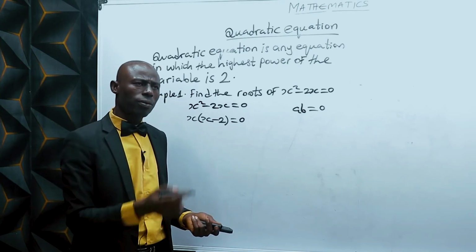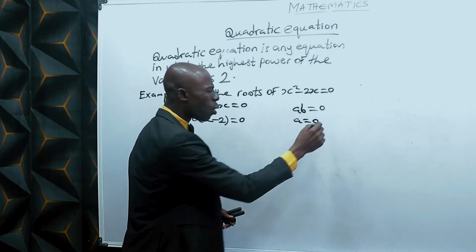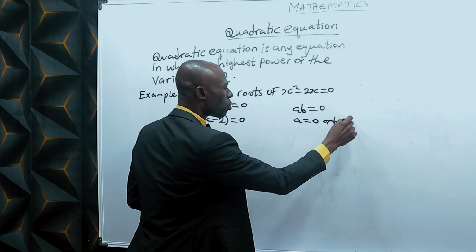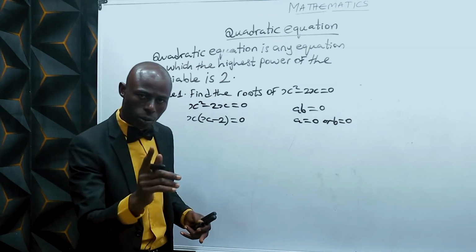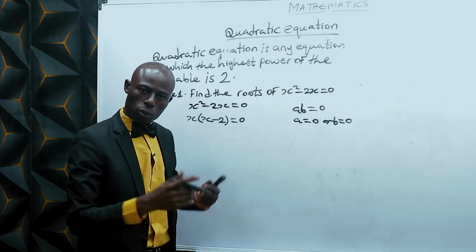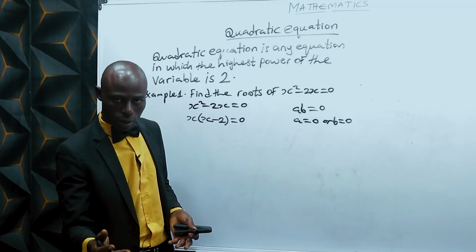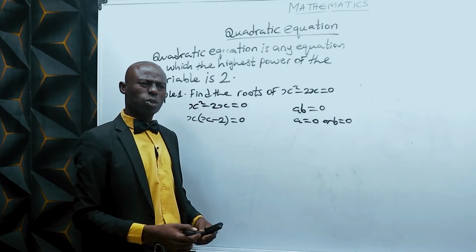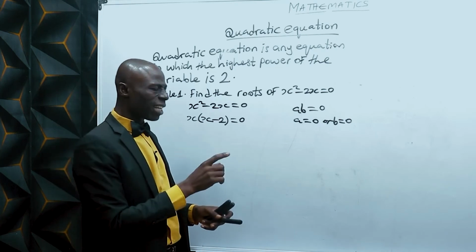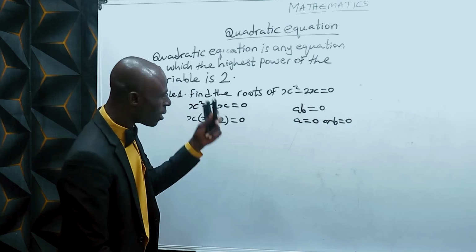It is when you have either A being equal to 0 or B being equal to 0, that is when their product can be 0. You know, 7 times 0 is what? 0. 5 times 0 is 0. You cannot have 5 times 3 to be equal to 0. It is when one of the 2 items is equal to 0, that is when their product can be 0.